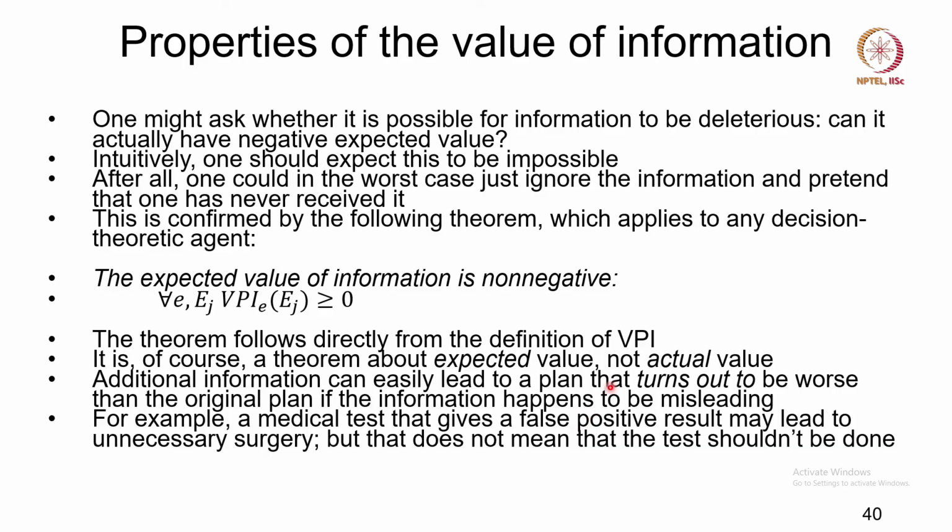Okay, so we'll stop here, and we'll talk a little bit more about the properties of value of information and about an information gathering agent, and then we'll go on to complex decisions in the next session.